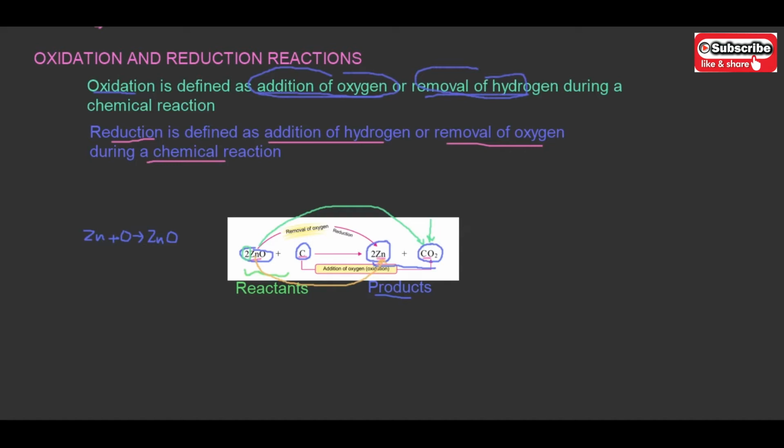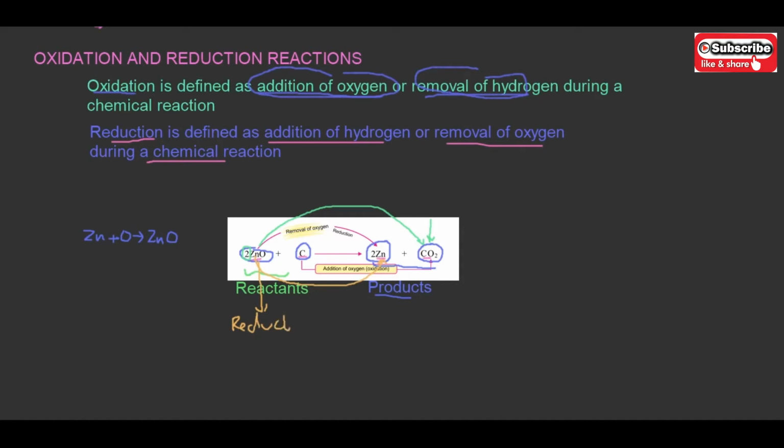In case of zinc oxide, zinc has lost its oxygen atom. So loss or removal of oxygen atom is known as reduction. So it means in case of zinc oxide, reduction takes place.